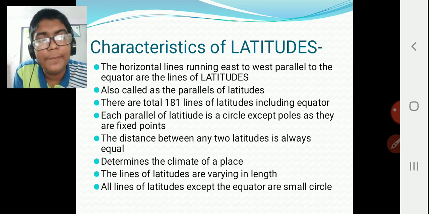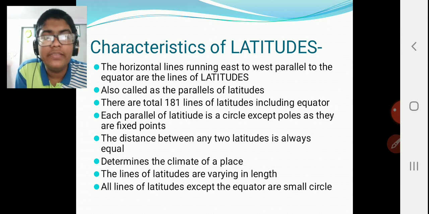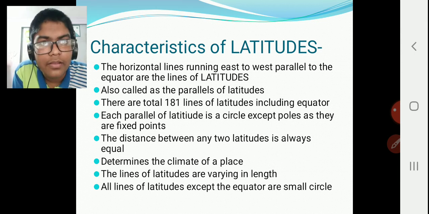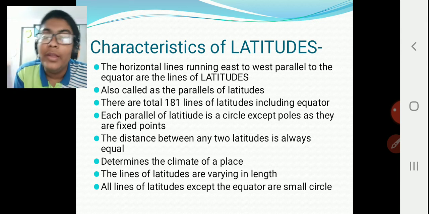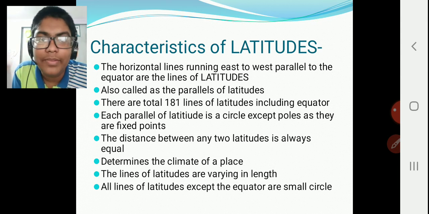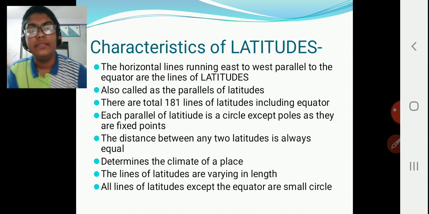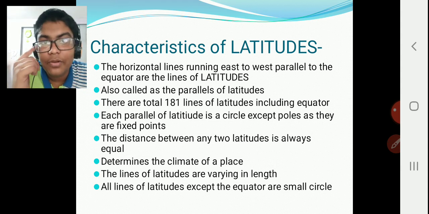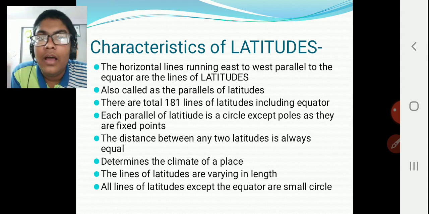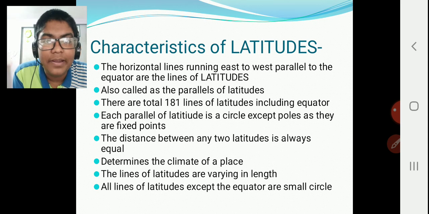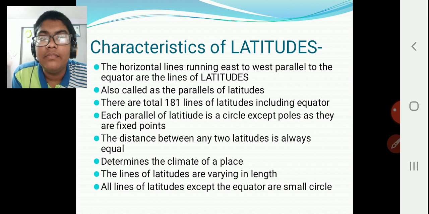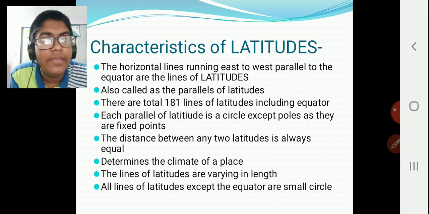The distance between any two latitudes is always equal. Why? Because they are parallel and never intersect, so the distance between them is always equal. It determines the climate of a place. We will be learning about these climates in the next part of the same chapter and module. The lines of latitudes vary in length.